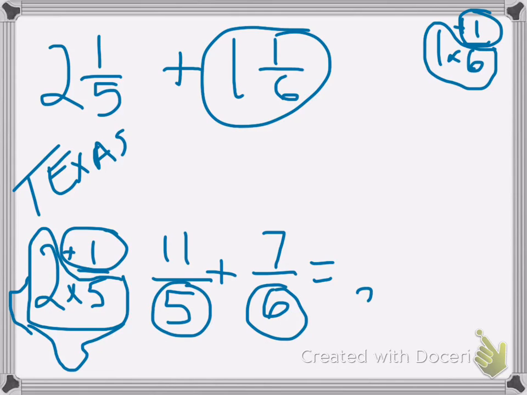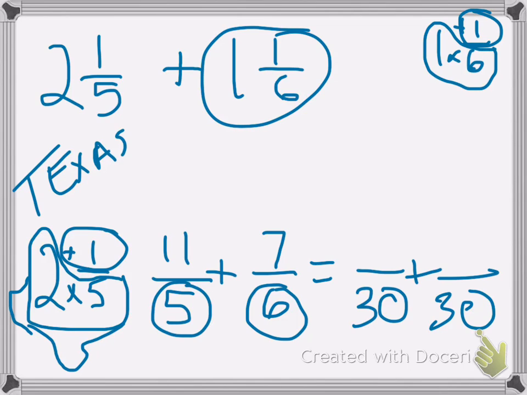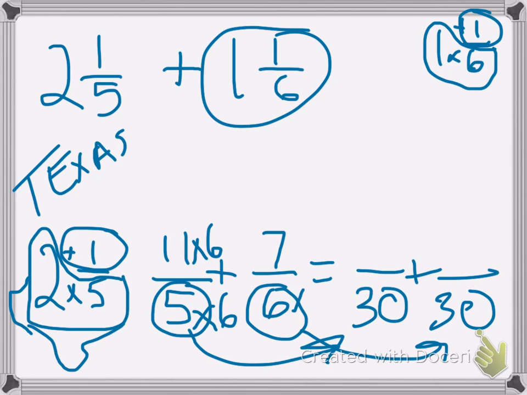So 30, right? How did I get from 5 to that 30? Well, I multiplied by 6 on this one. And so if I do it to the bottom, I have to do it to the top. Again, how did I go from 6 to 30? Well, I multiplied by 5. If I do it to the bottom, I have to do it to the top.